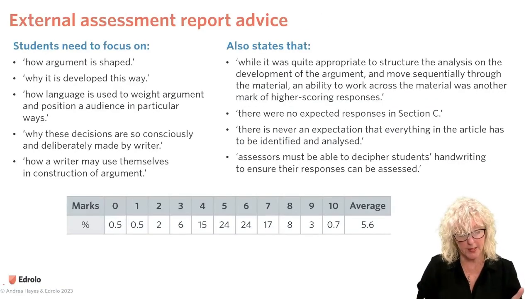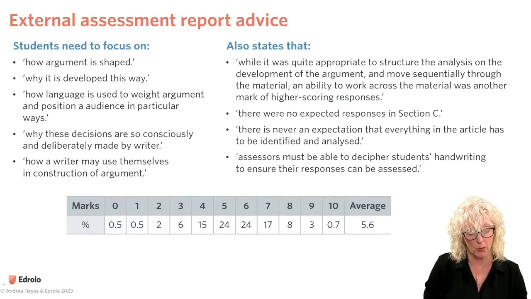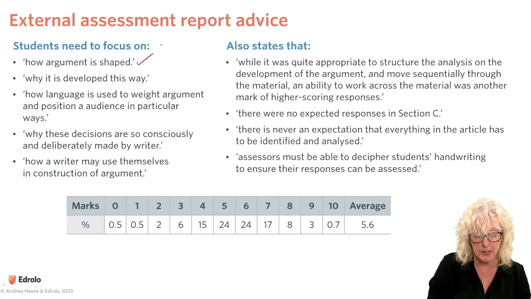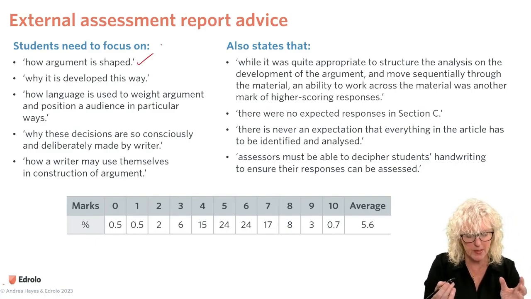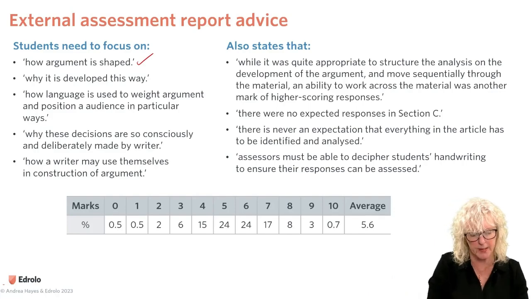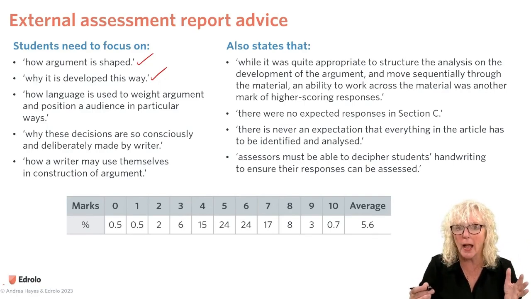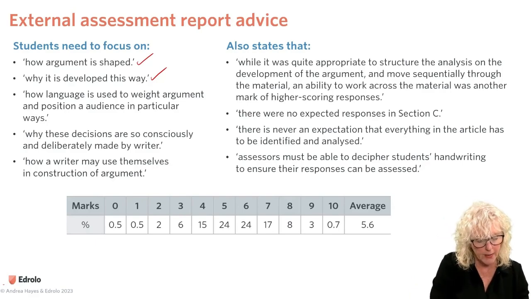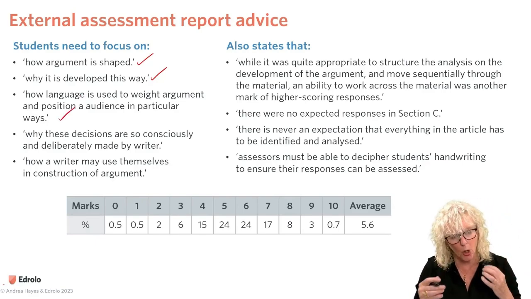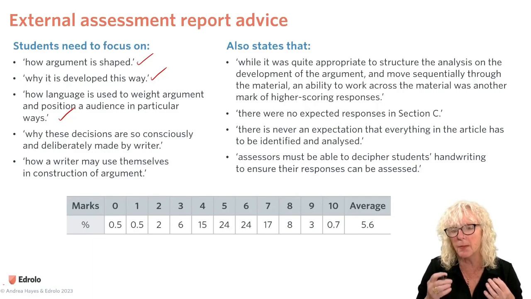This report advises that students need to focus on how argument is shaped and why it is developed this way, why it is sequenced and ordered in this manner, how the language is used to weight argument and to position an audience in a particular way, and why these decisions are so consciously and deliberately made by a writer.